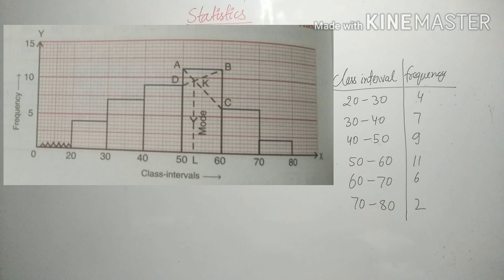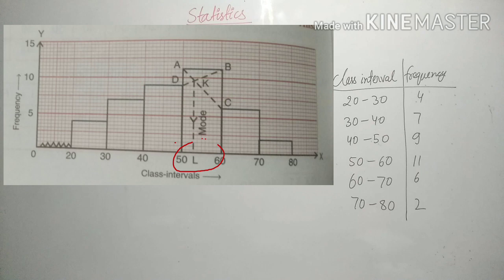So now whatever the figure is drawn between 50 and 60, that we have to understand now. For this modal class, points A, B, C and D all are represented here. Then we will join A with C and B with D here. Then we will see where it is intersecting. Here we can see it is intersecting at K. So from that K we will draw the perpendicular to the x-axis, that is meeting on point L here.